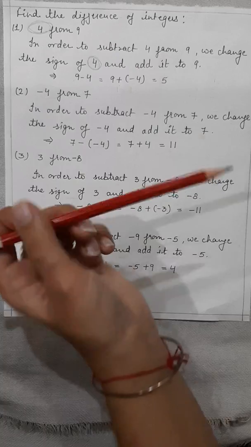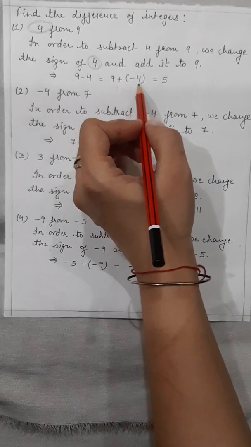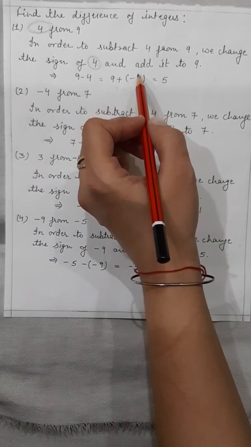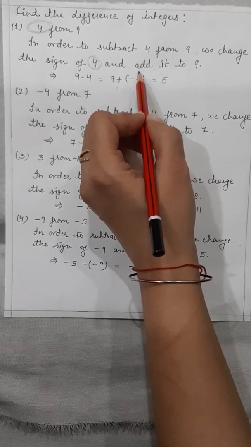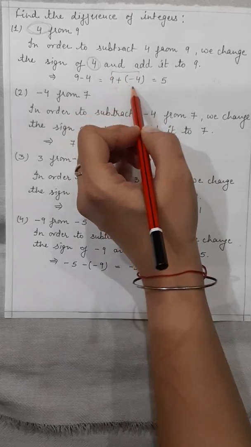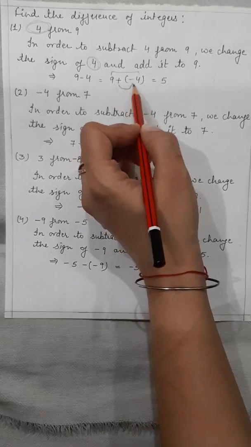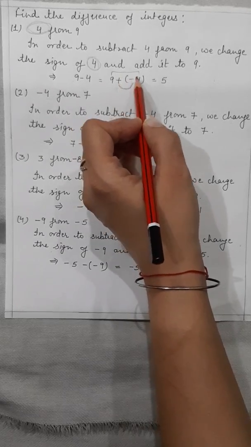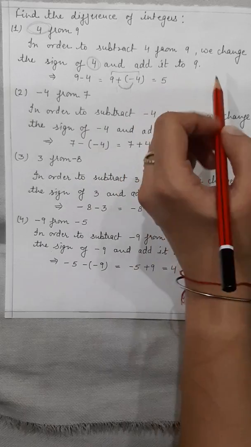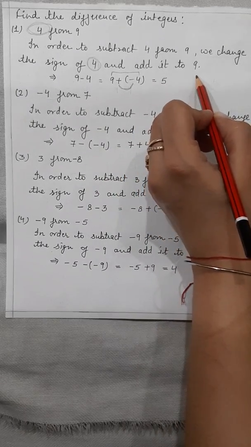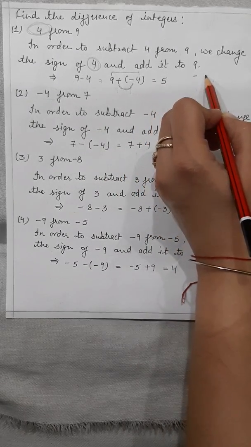Now again, one thing you have to remember: if two signs come in between two numbers, we can't write two signs together, so you have to convert these two signs into a single sign. How to convert?